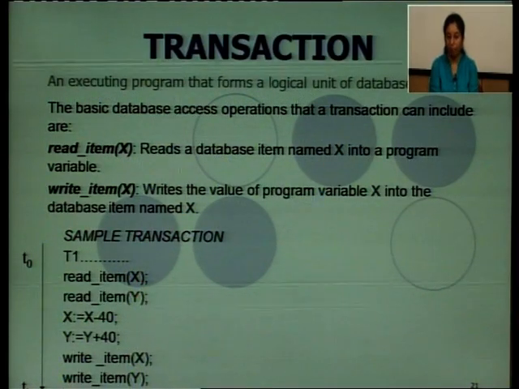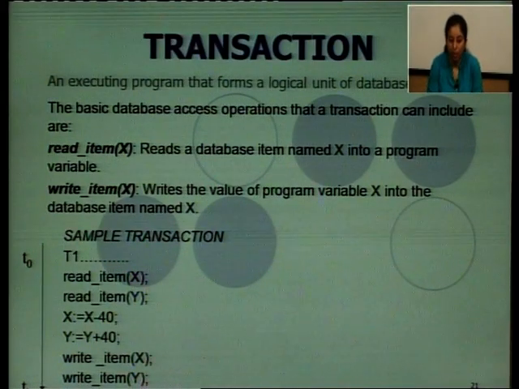Here is a sample of a transaction. We have a transaction T with the operations on X and Y. T0 to Tk denotes the time from T1 up to Tk.